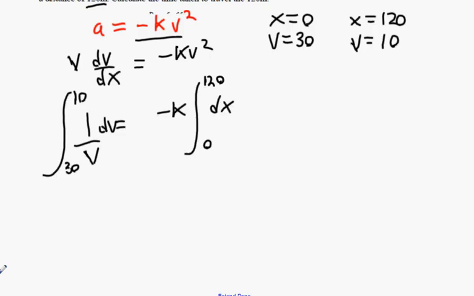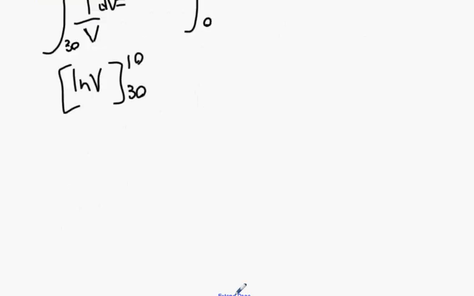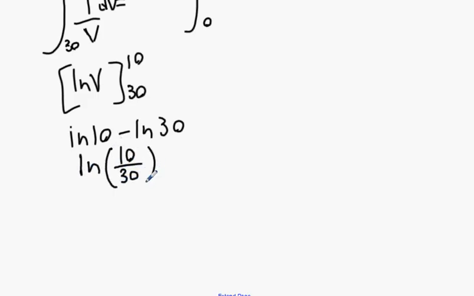but we can get ln v from 10 to 30, which ends up to be ln 10 minus ln 30, using the negative log rule.